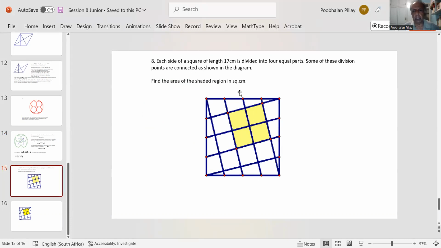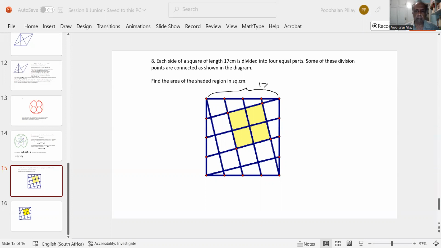Here, you got a square. Each side of the square has got length 17 centimeters. So it's given that the length of the side of the square is 17, which means that this is 17. Now, it's divided into 4 equal parts, so that all these are equal.